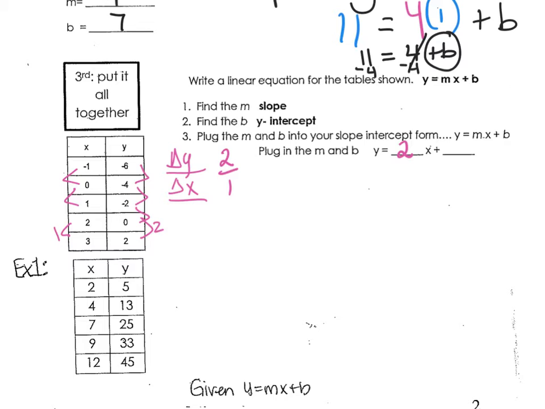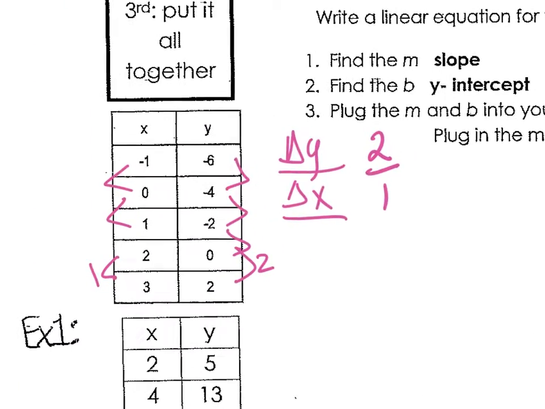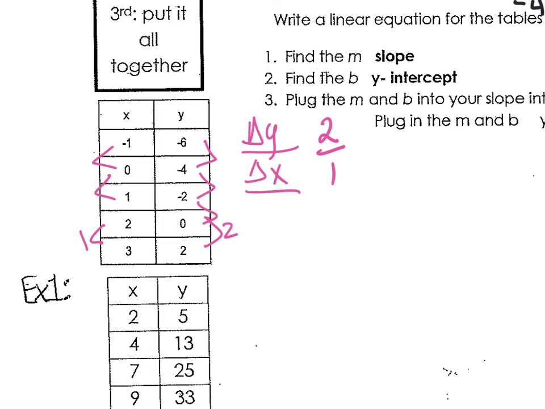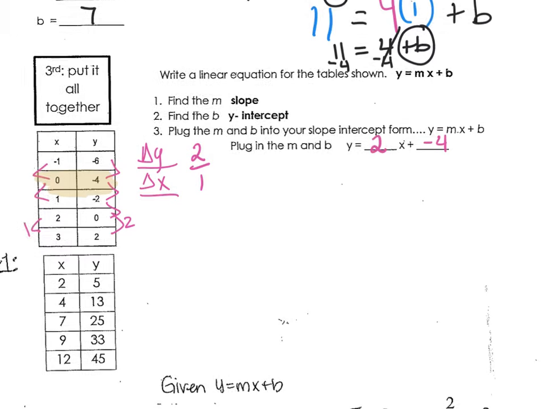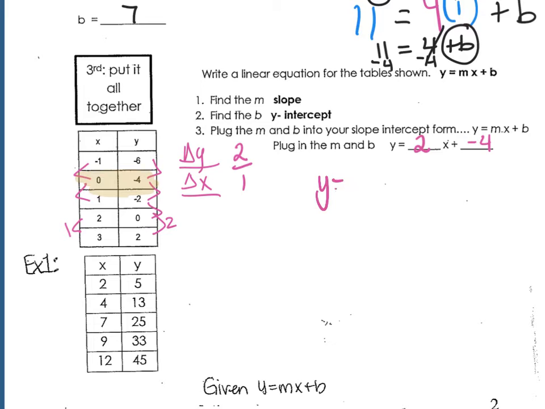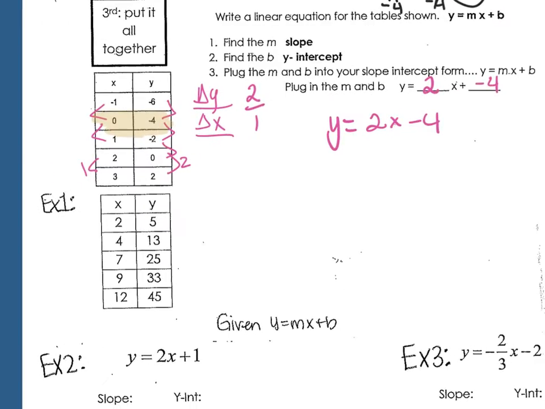So if your slope is 2, what's your y-intercept on that very first table? Do we see x equals 0 anywhere? So it'd be negative 4. So for that first table, y equals 2x minus 4.